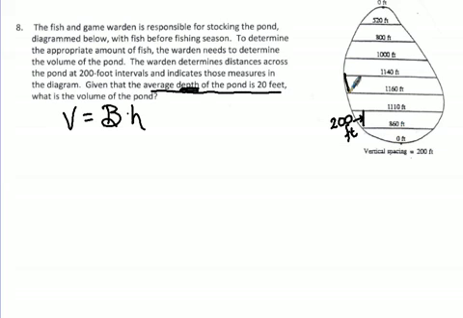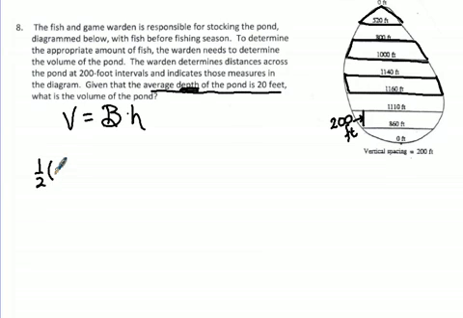If I'm connecting each of these endpoints together, you can see that we can make trapezoids that would help us estimate this area. So I'm going to start up here at the top, and of course this one would just be a triangle since one of the bases is 0.